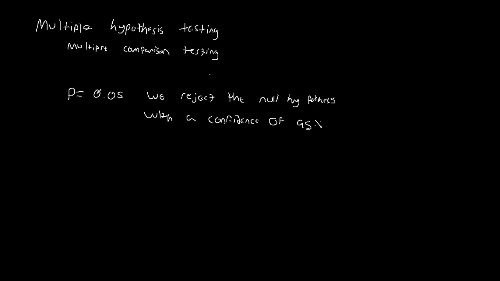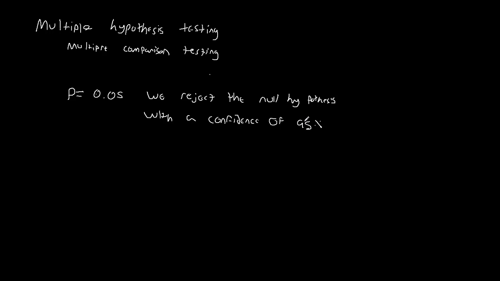When we're doing multiple test statistics and multiple p-values, like we do in the case of these LISAs, we would expect that with some proportion we would be rejecting the null hypothesis incorrectly, simply because we have so many of these test statistics. Our confidence of 95% is saying, hey, 5% of the time we're going to be wrong, and we're okay with that when we're only doing one test. When we're doing 100 tests, now we can be fairly confident that we have at least one instance where we have falsely rejected the null hypothesis.